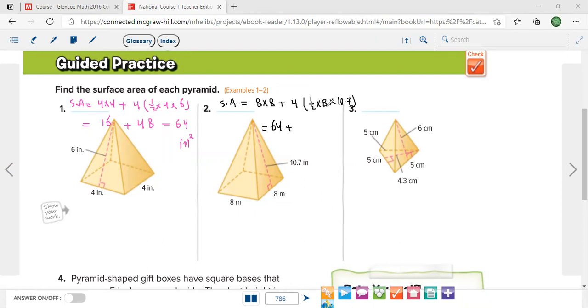Half of 8 is 4. 4 by 4, 16. And 16 times 10.7 will give you 171.2. Now, if you add this number to the 64, this should give you 235.2 meter square.